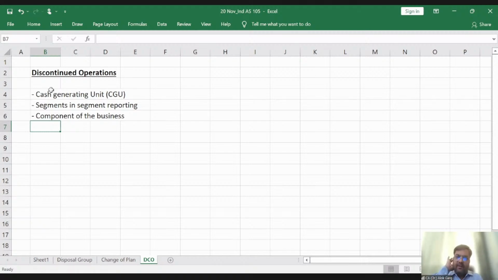For example, Tata Motors. Tata Motors is into two kinds of verticals, which is the commercial vehicle vertical and the personal or private use vehicle vertical, right?